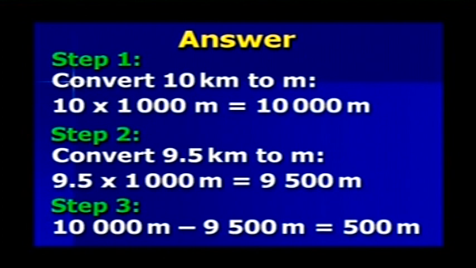Class, are you with me? Okay. After you have done that, you also convert the next unit. 9.5 kilometers to meters. So it's 9,500 meters. Now you have a separate layout or working out. 10,000 meters, take away 9,500 meters, which is equal to 500 meters.